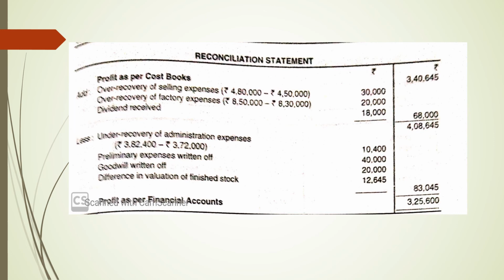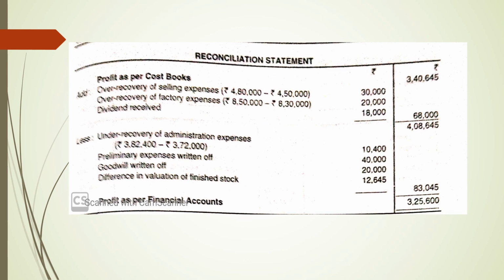Then relating to factory expense, in cost account we charge 8,50,000. In financial account there is only 8,30,000, so there is also an over recovery of factory expense in cost account, that becomes 20,000, and we add it to the profit. Then the administration expense charged in the financial book is 3,82,400.